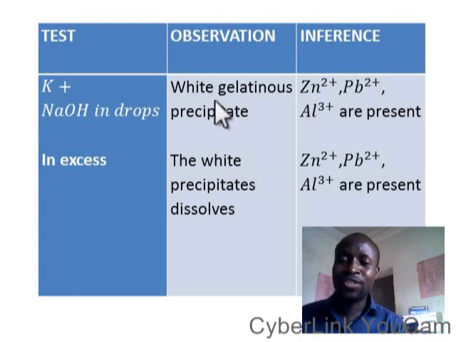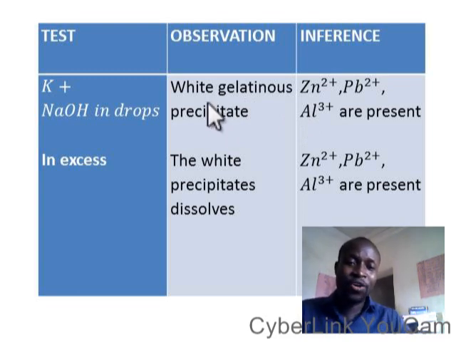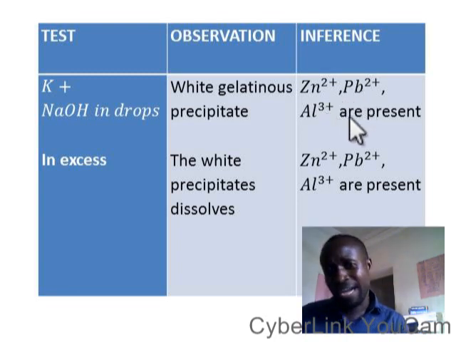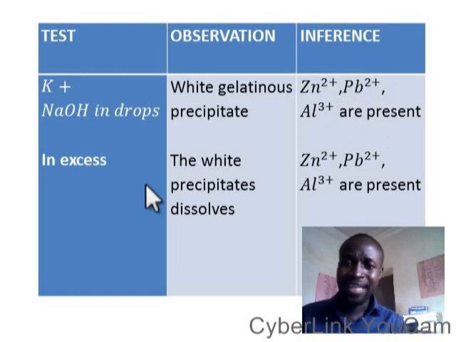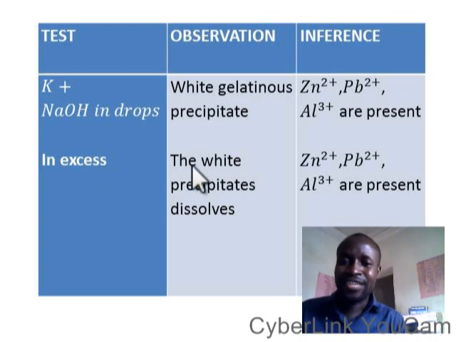If you see a white gelatinous precipitate, when you get a sample of a compound and add sodium hydroxide in drops and get a white gelatinous precipitate, what should come to your mind is that zinc ion is present, lead ion is present, aluminum ion is also present. And now, when you add sodium hydroxide in excess, the white precipitate dissolves. If the white precipitate dissolves, it could be zinc, it could be lead, it could be aluminum.